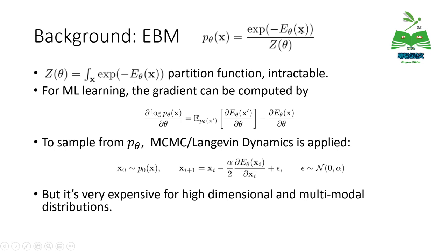This energy function returns a single value, a scalar, and the denominator Z theta is the partition function. It's the integration over all x, so it's intractable for the maximum likelihood learning.